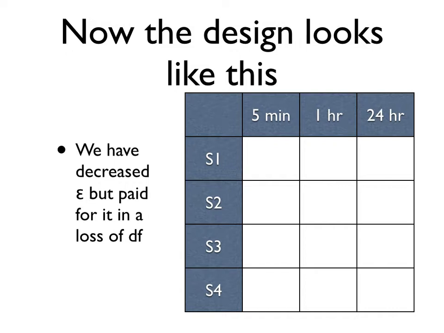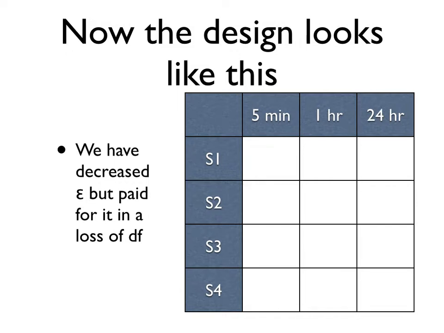Okay. So we've split this off. We've made this smaller. That's good. Problem is, we're paying for it. There is no free lunch. There is no free variance. There's no free pie. You must pay for your variance reduction in degrees of freedom. So you'll probably make your F bigger in the end, which is a good thing.